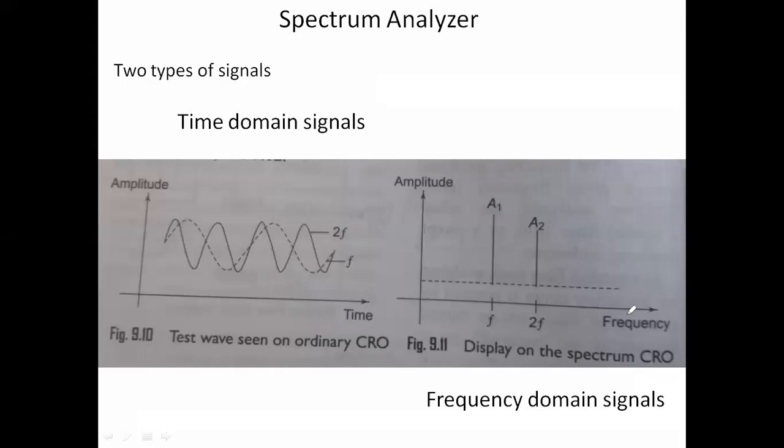To display those frequency components which are present in the input waveform, they will be displayed in the spectrum analyzer. The spectrum analyzer will show the frequency and amplitude of the different frequency components which are applied to its input.